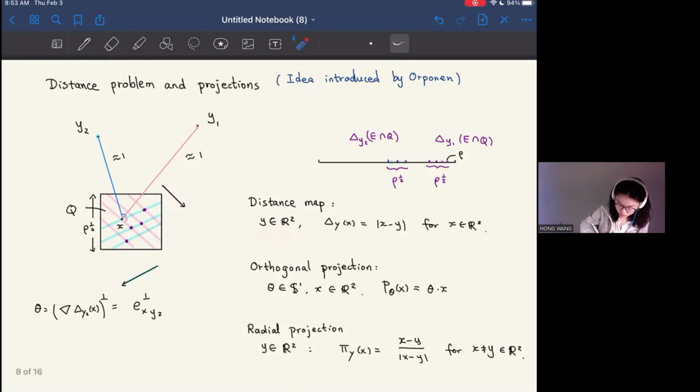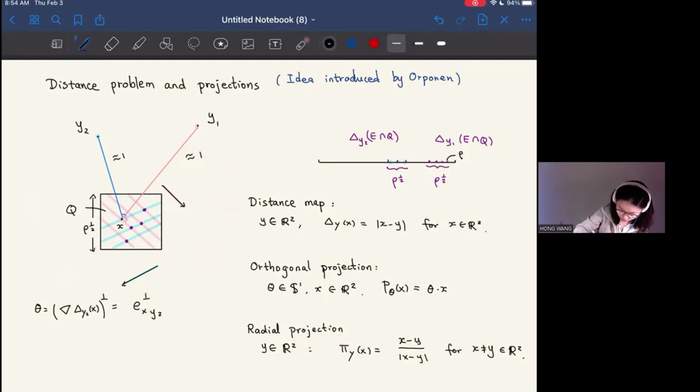Then another thing we need to know is that now we have related it to orthogonal projection, but there is no guarantee that the orthogonal projection image is large unless we have a lot of directions. So this is how the radial projection comes into play. Imagine we know that at this point x, there are a lot of y's in different directions.